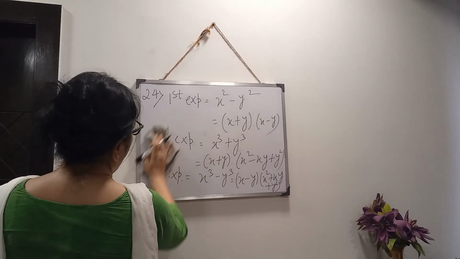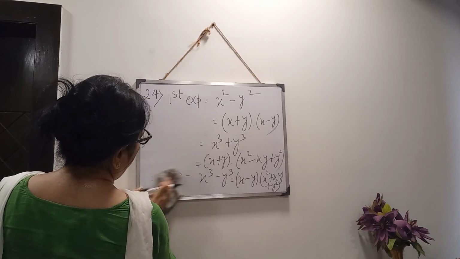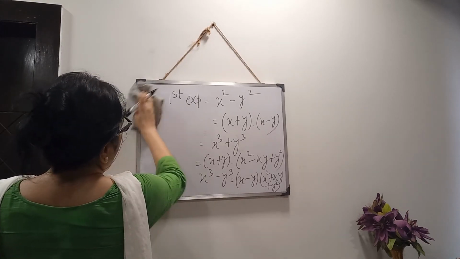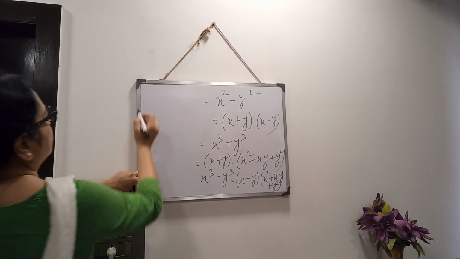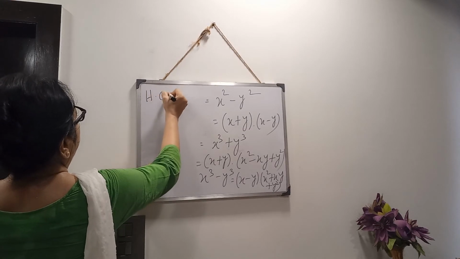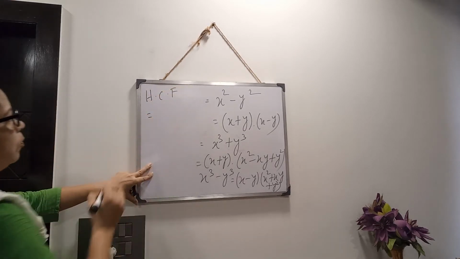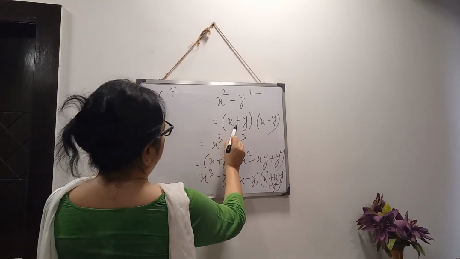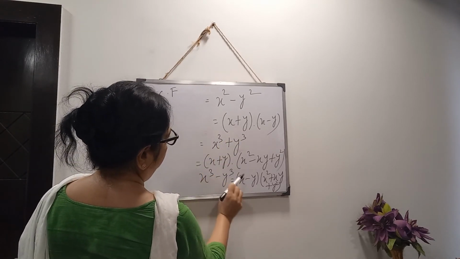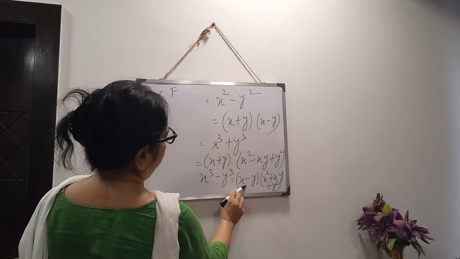Left hand side I am rubbing, otherwise I can't write. First I am calculating HCF. You have to check which factors are common. There is x plus y, there is x plus y, but there is no x plus y in the third.